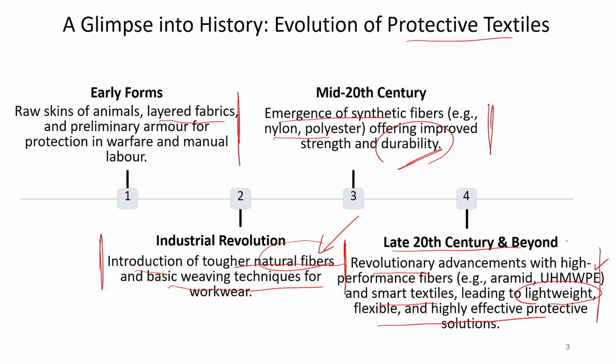So, if we use these high performance fibers like aramid and ultra high molecular weight polyethylene, this type of fibers are lighter, and that leads to development of lighter protective textiles, which are very essential for comfort and performance.